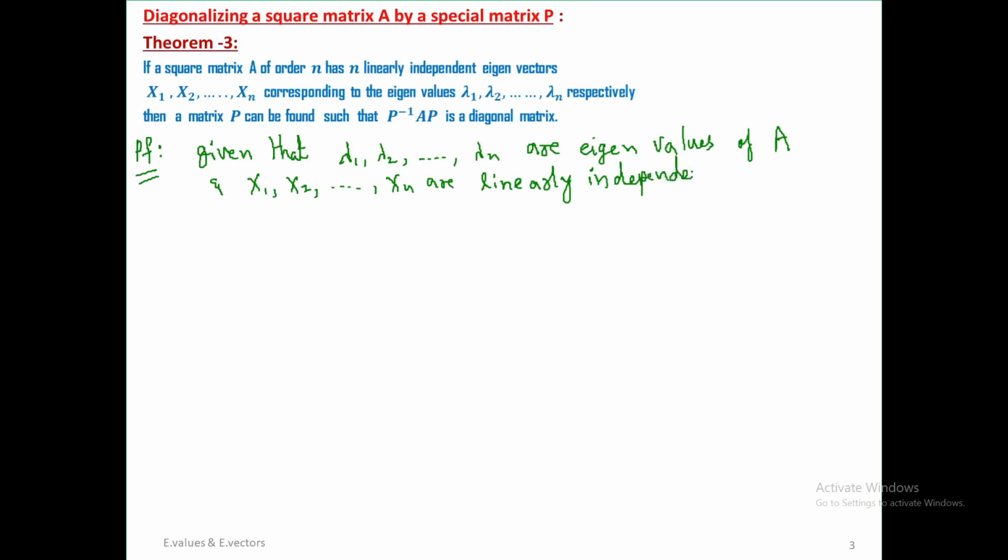So what is meant by linearly independent vectors? Simply, I will tell you roughly.